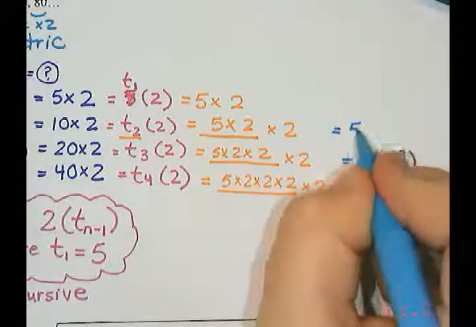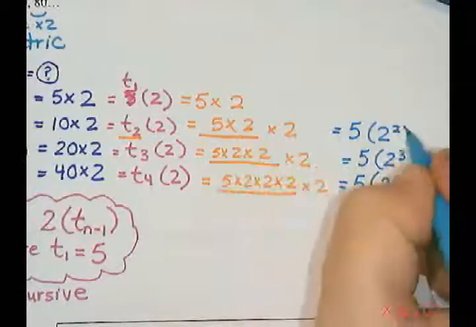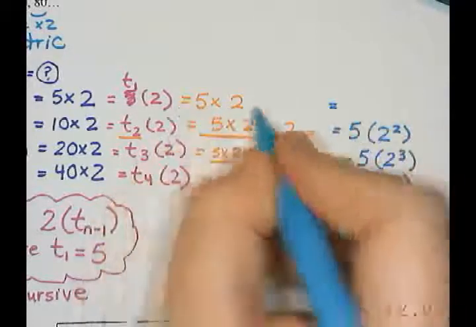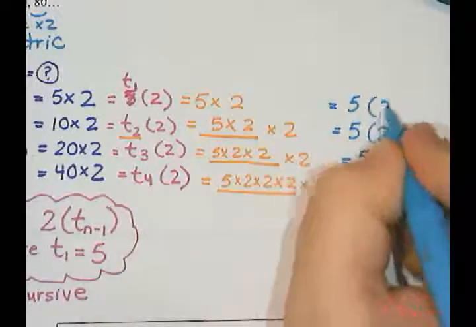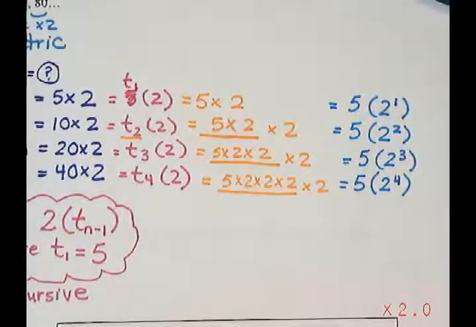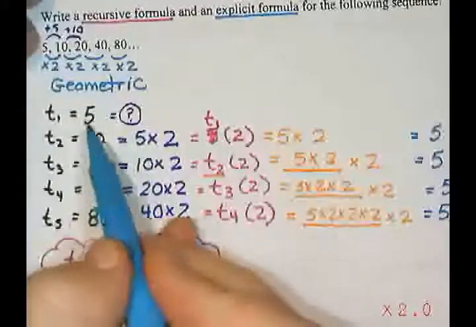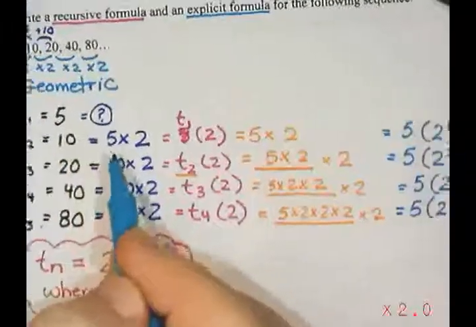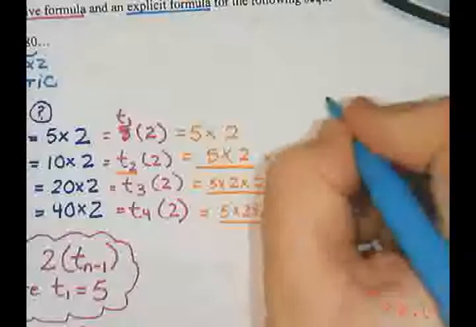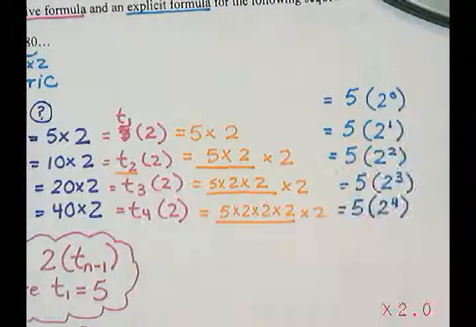Here we're doing 5 times 2 to the power of 2 because there are 2 of them. And this one here is 5 times 2 technically to the power of 1 because there's only 1 2 there. And if we come all the way back up to that original term, term 1, which was 5, it is going to be 5 times no 2's, so 2 to the 0 because there were absolutely no 2's.